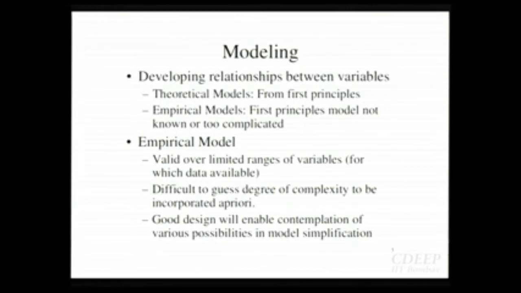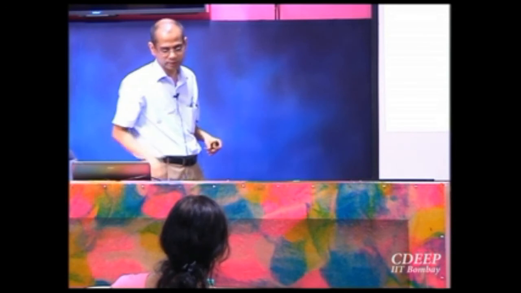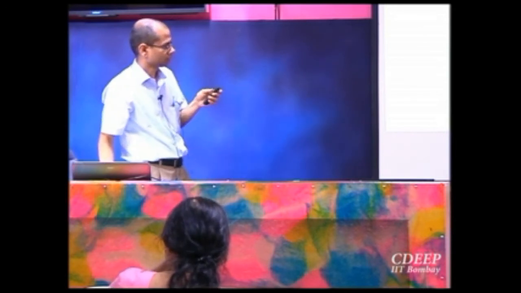As you move away, your confidence intervals keep becoming bigger and bigger, so you want to be careful when you extrapolate. Also, it's very difficult to guess a priori what complexity should be incorporated. However, a good design, the design which generates the data, should allow you to consider various types of models and be able to say which model is better than the other.